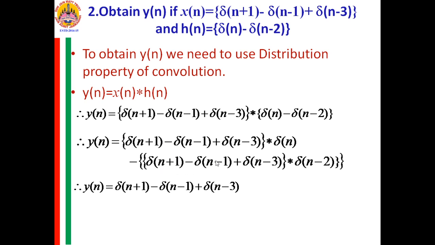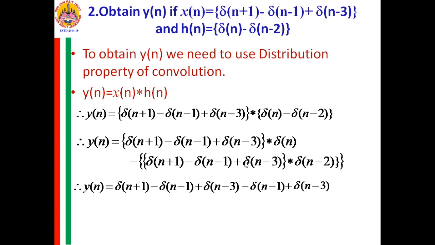So wherever you have n, if you replace it with n minus 2, what do you get? The term minus delta of n plus 1 becomes minus delta of n minus 1, and this, when you replace it with n minus 2, becomes n minus 3. So this minus and this minus is plus, so you will get plus delta of n minus 3.